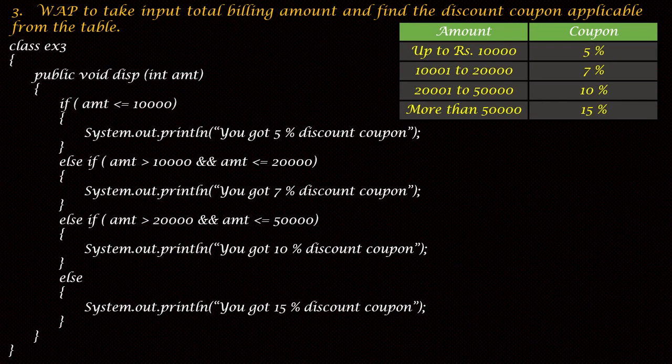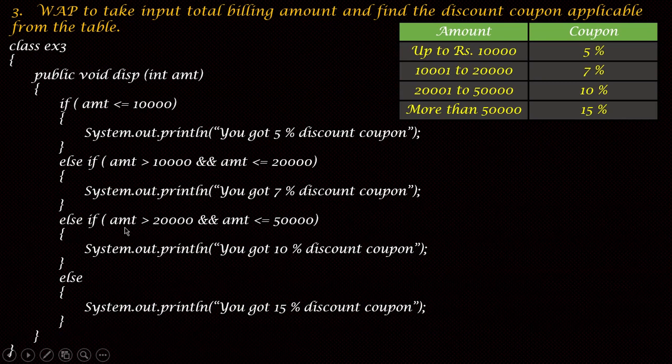Next, what is the second criteria? If my amount is greater than 10,000 and at the same time the value is less than or equal to 20,000, then I am eligible for 7% discount.